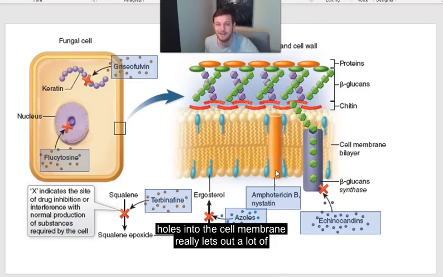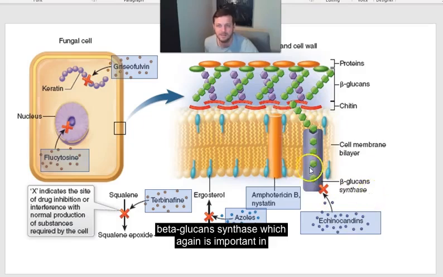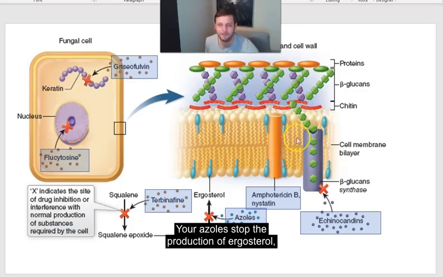It really lets out a lot of potassium, which then influences how the fungal cell can work and dies. You have your echinocandins, which stop the formation of your beta-glucan synthase, which again is important in making beta-glucans. So it messes with the cell wall, it's going to go through a lysis stage and die.